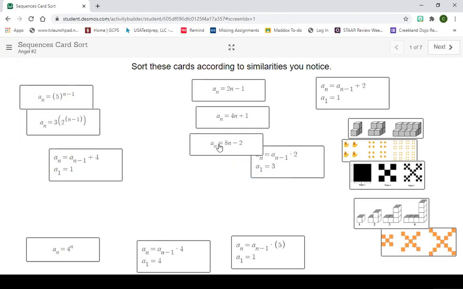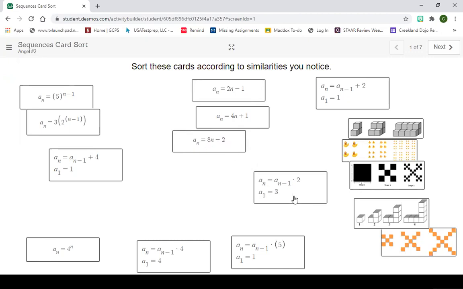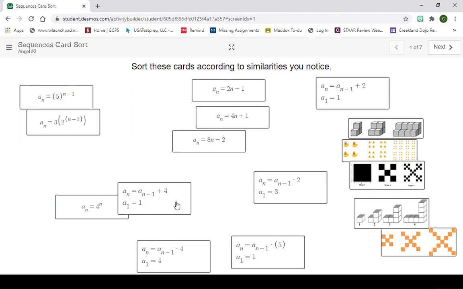So this one is what? Subtracting and no exponent. What about this one? Look closely. Is the n an exponent? Yeah, the n is the exponent, so it's going to be exponential.